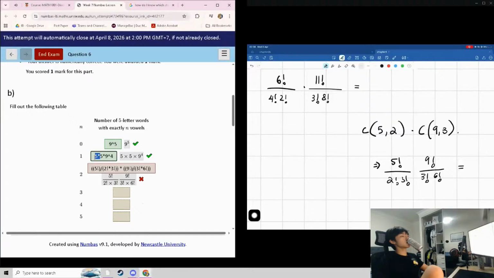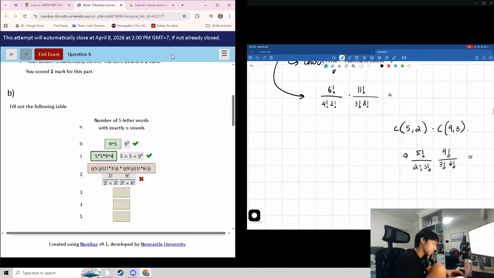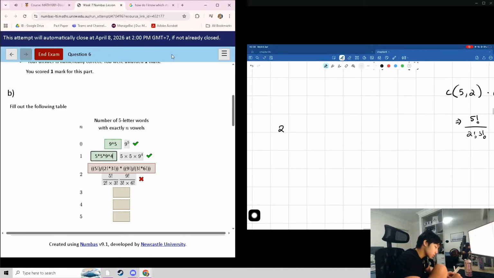Here, 5 choose 1 times 5 times 9, so 4. Could I have thought about it like that? 2 vowels. Choose 2 vowels. 5 ways, right? I'm guessing that's C5, choose 2.